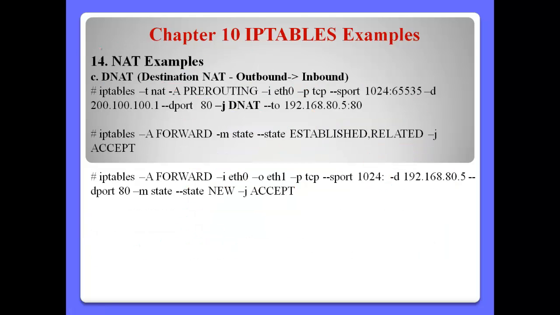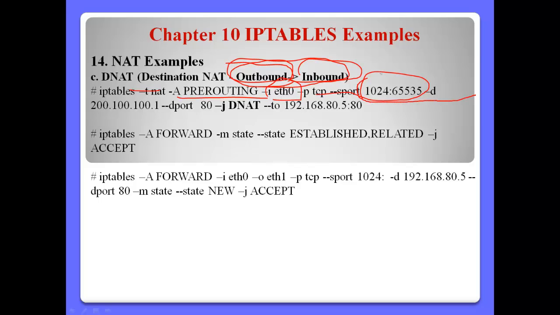Destination NAT normally means outbound traffic to inbound traffic. Normally in this case, outbound traffic uses the public IP address, but inbound we normally use the private IP address. This kind of rule can be used in the DMZ. For example, iptables NAT PREROUTING, eth0 meaning the public IP address used for the internet, and source port 1024 to 65530.